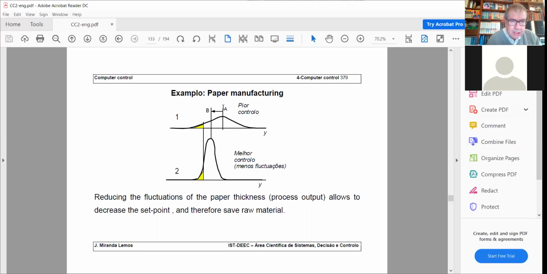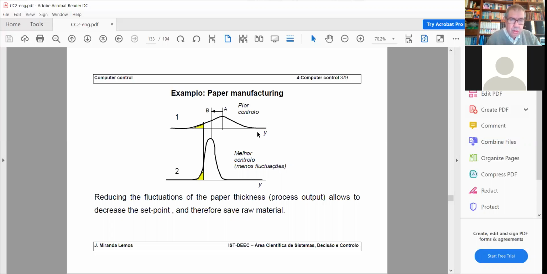So point A corresponds to 80 grams per square meter. But if you do some statistics, then if you build a histogram, with some probability you will be a little bit below or a little bit above, with some fluctuations.